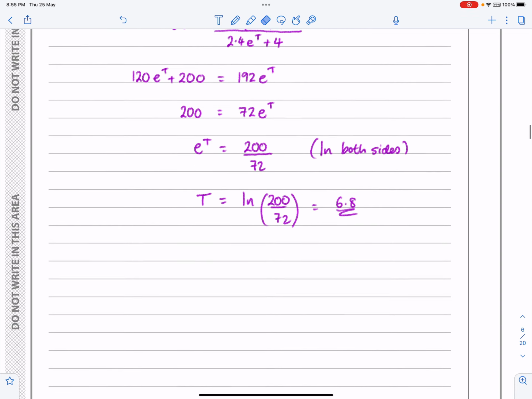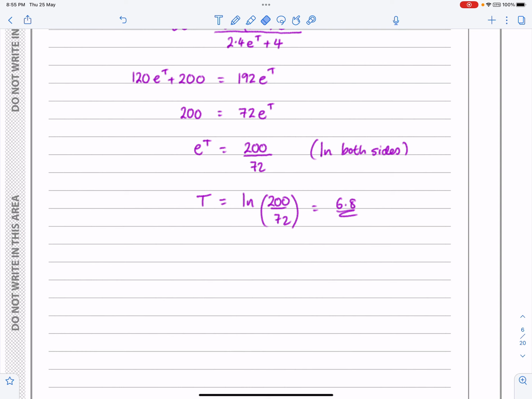The way that I would do it would be, part C, if I've got A equals, let's just put the formula down here again so I don't have to keep going up and down with the iPad, A equals 80e^(0.15t) all over, and then the rest of it, 5e^(0.15t) plus 4.